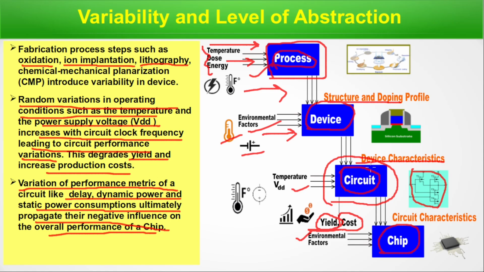And this device characteristic, along with temperature and VDD, that is environmental factors, decides the circuit characteristic, and the overall circuit characteristic with environmental factors decides the chip behavior. And overall, if the device characteristics or circuit characteristics are hugely deviated from what we have expected, that actually impacts the yield, and if yield is bad, the cost is high. So we are done with this slide. We will move to the next slide.